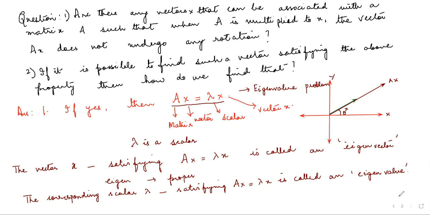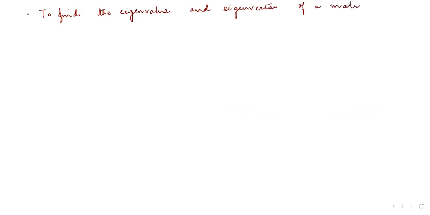So let us now see how to find the eigenvalue and eigenvector of a matrix A. Let us take an example.